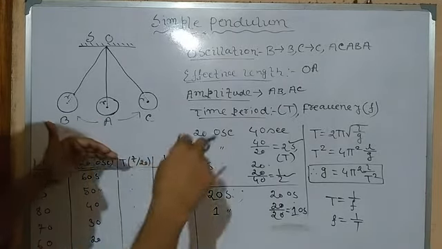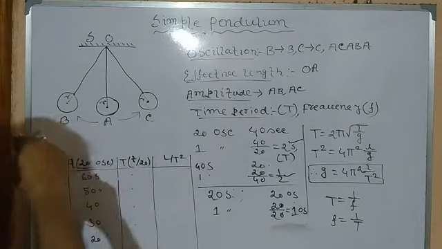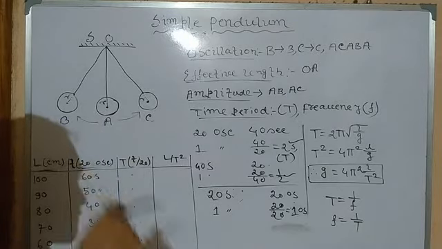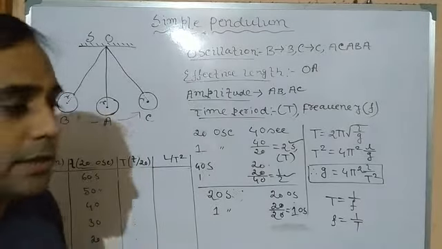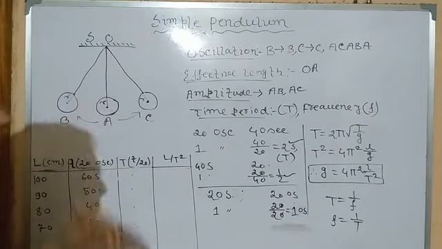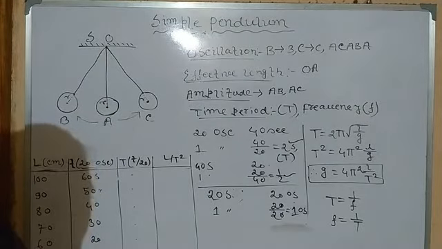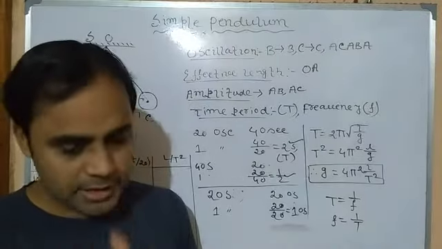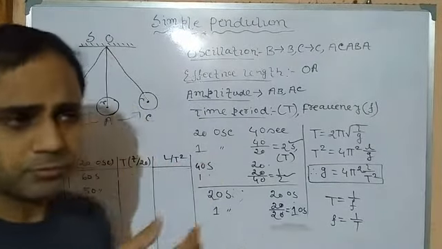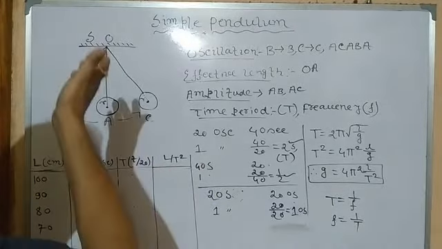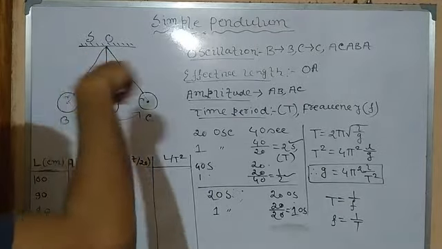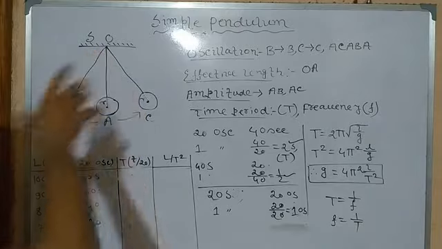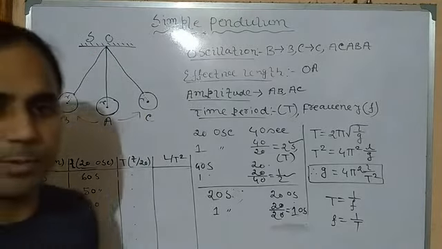It means it takes longer to complete one oscillation, so it becomes slow. Clear? During winter its effective length contracts, since it is metal; because of heat it expands, and because of reduction in heat it contracts, so it oscillates fast, the time period is less and it generally runs faster.